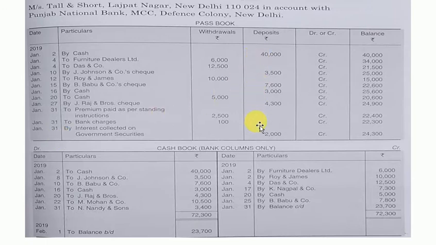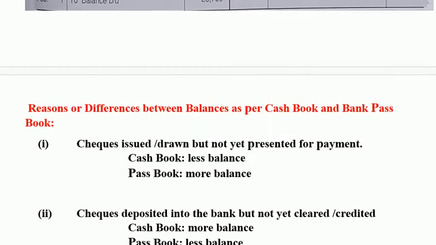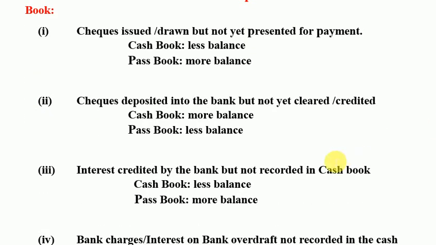So this is check deposited for 10,500, recorded in the cash book in the debit side, but not appearing in the passbook, our second cause of difference. So I hope this second cause, check deposited into bank but not yet cleared or credited, is understood.